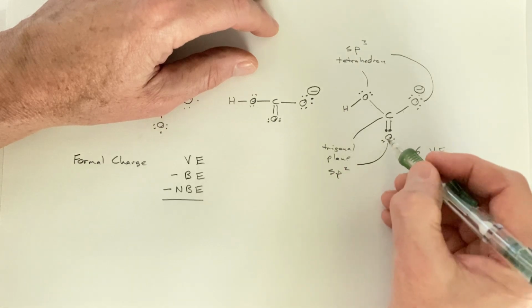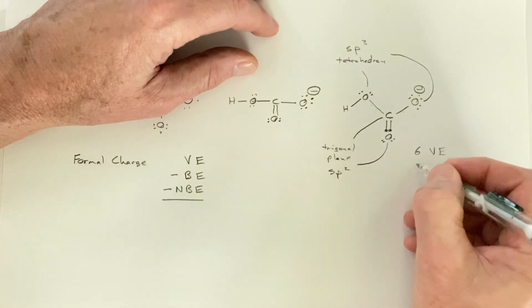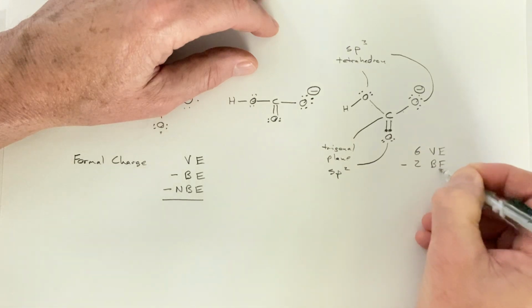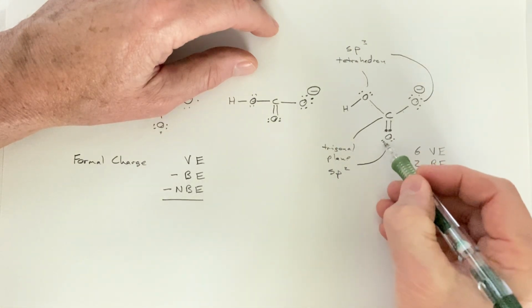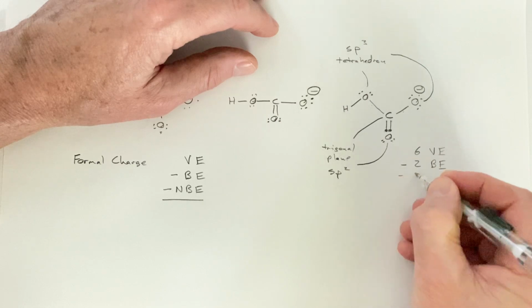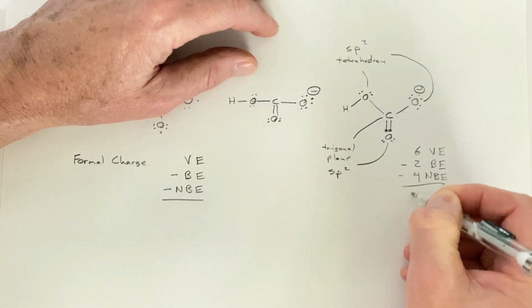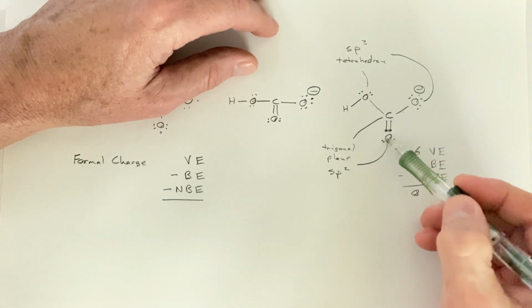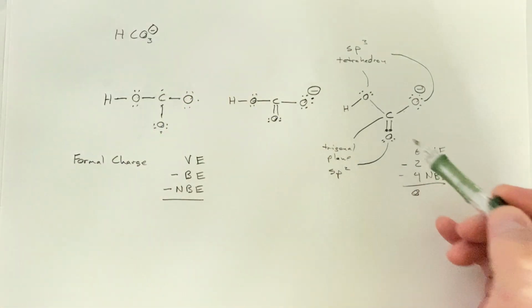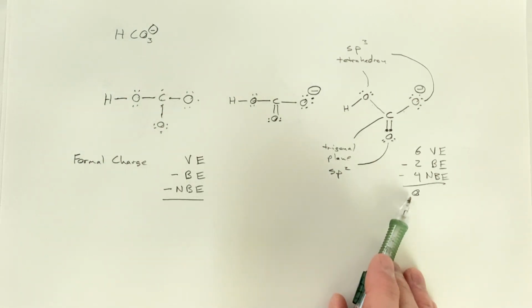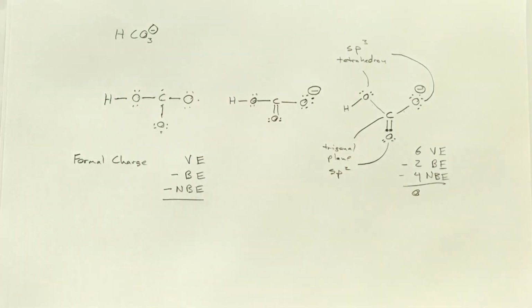So we shall say that oxygen has 2 bonding electrons. Then we see that we have 1, 2, 3, 4 non-bonding electrons. And of course, this gets us to 0. And when we made our Lewis structure, we did not indicate any formal charge on that oxygen atom, so our computation of formal charge matches what we determined on our Lewis structure.